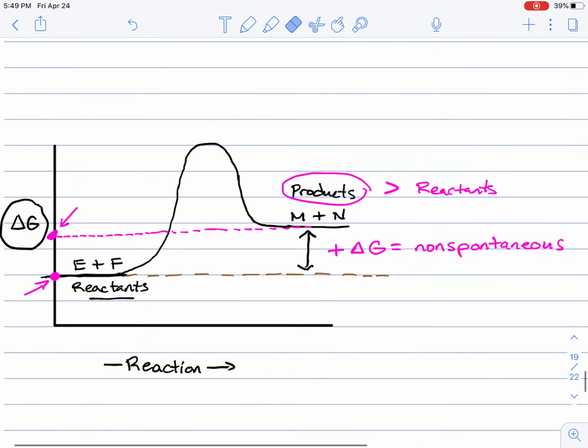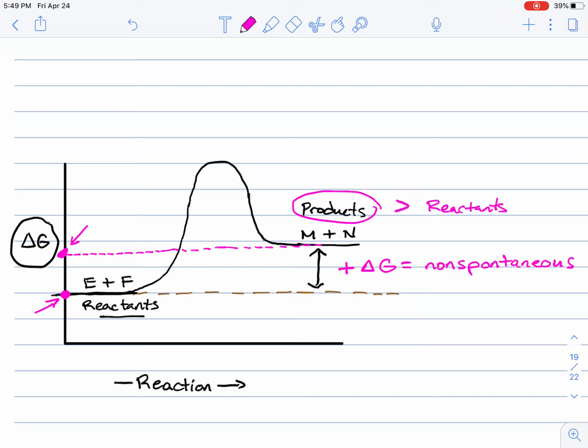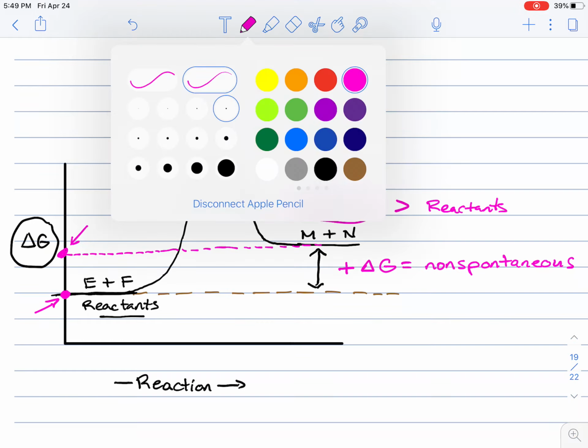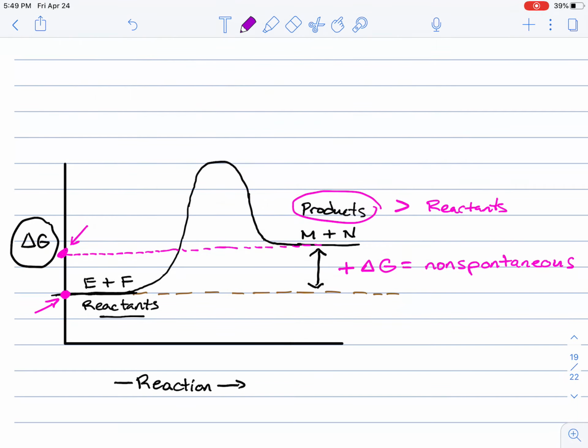And so what do we name this phenomenon? In the previous graph, it was called exergonic. And if we're doing this for a non-spontaneous reaction, we can't say endothermic, but we can replace that thermic with gonic.